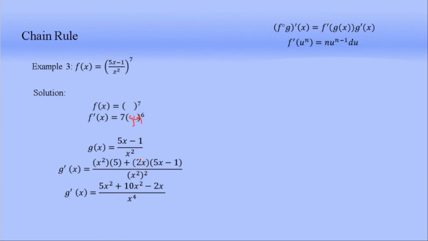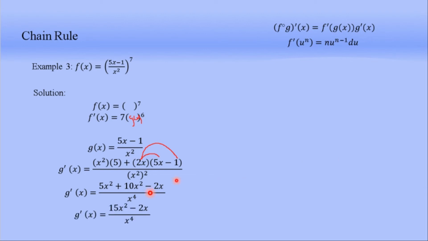Then we're going to multiply like this: 2x times 5x is 10x squared, and then 2x times negative 1 is negative 2x. We don't have to multiply this, but we can: x squared is x raised to the first power.